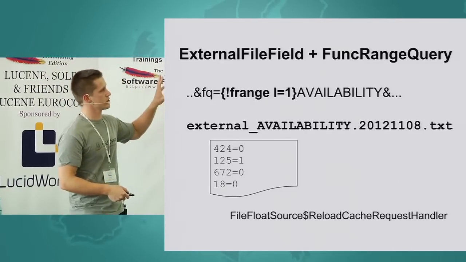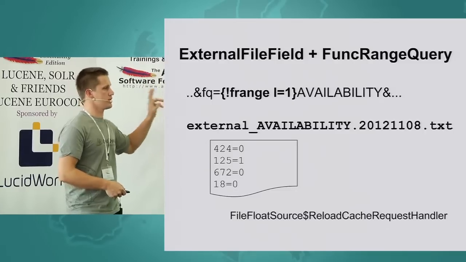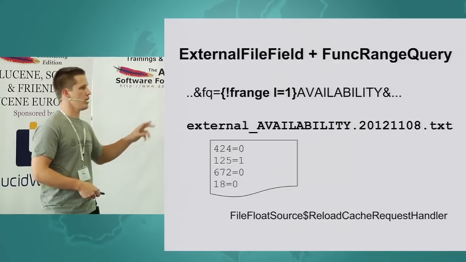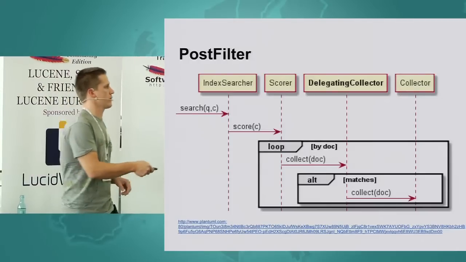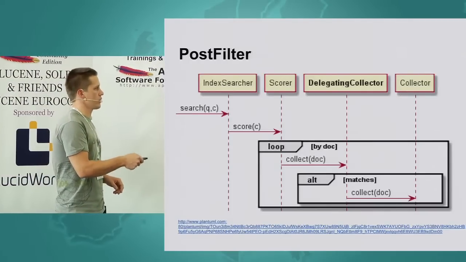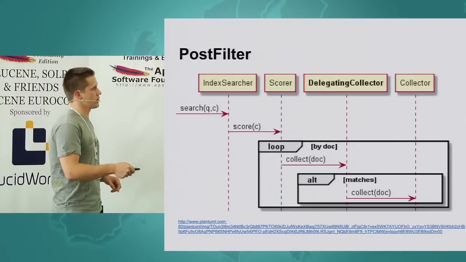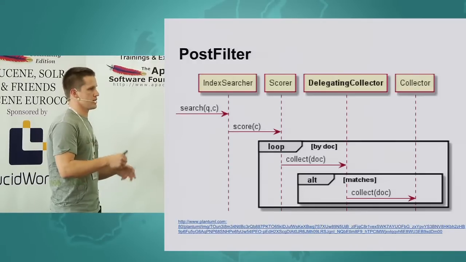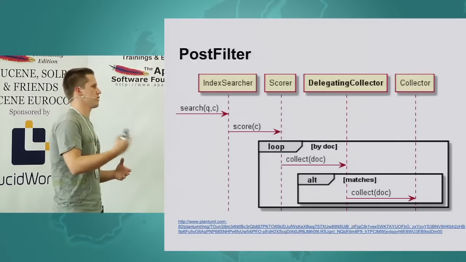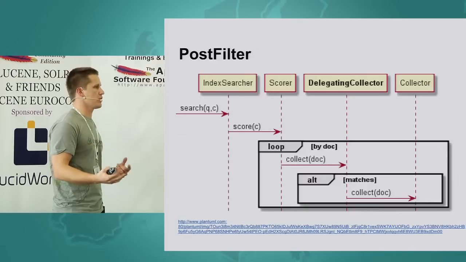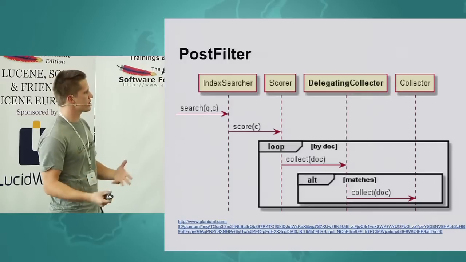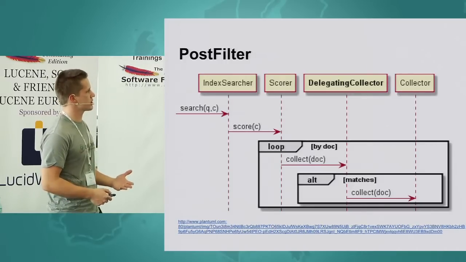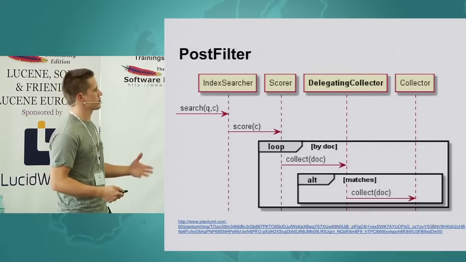And I see two problems with this out-of-the-box approach. The first, it relies on a full scan. If I have many documents matched, but only a few of them will pass the availability filter, I will full scan to match. It might not be a reasonable concern from the business perspective, but it's just a concern.